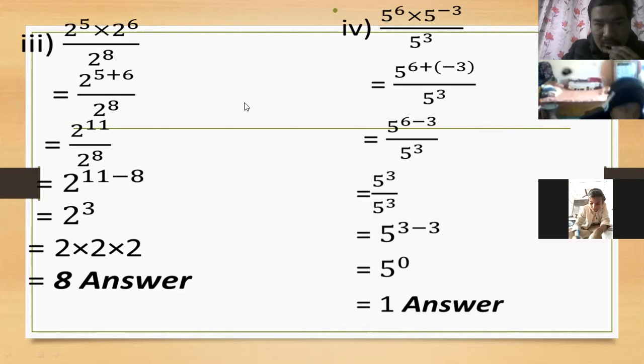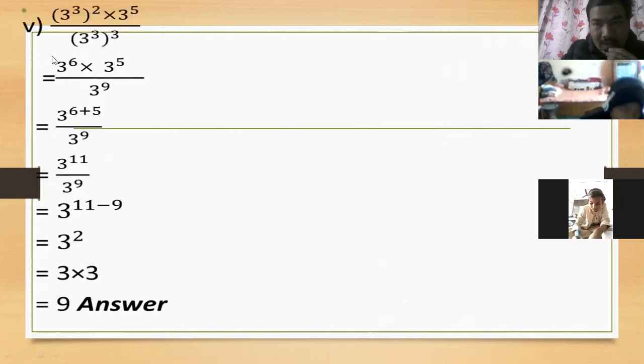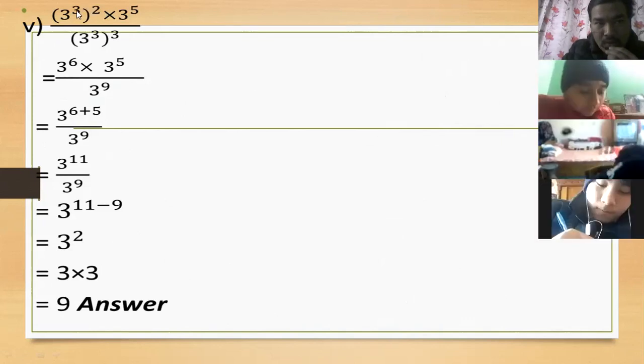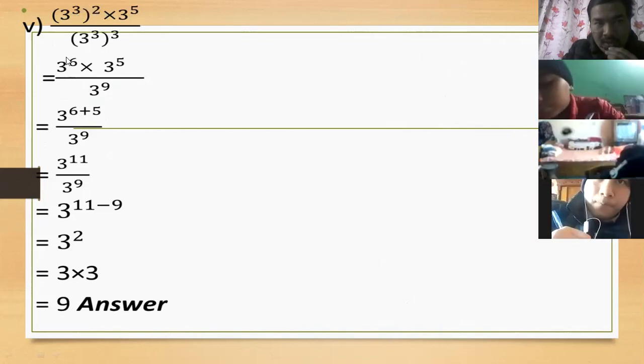Now, next slide. Look here. In this question, 3 cube and whole square. We know that power and power in a bracket will be multiplied. So 3 to the power 6, into 3 to the power 5.